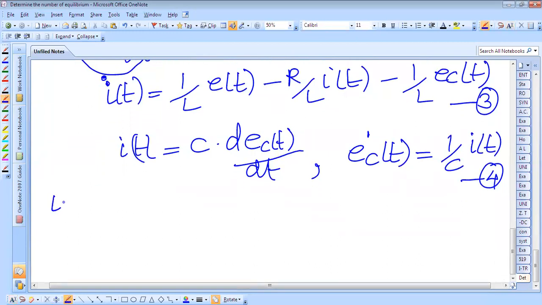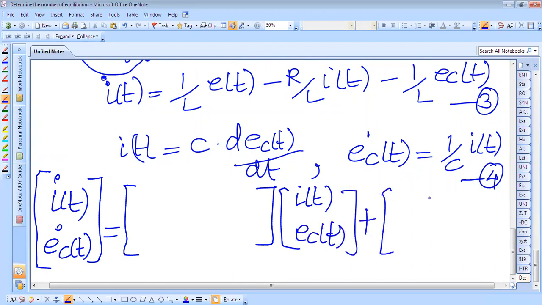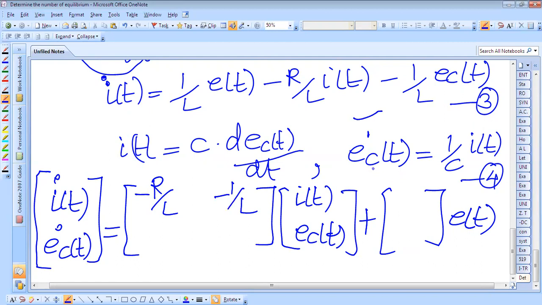The state space representation is i dash of t and ec dash of t in matrix form, multiplied by i(t) and ec(t), plus the term with e(t). In the first equation, the coefficient of i(t) is minus R by L, and the coefficient of ec(t) is minus 1 by L. In the second equation, ec dash is equal to 1 by C i(t), and the coefficient of ec is 0.